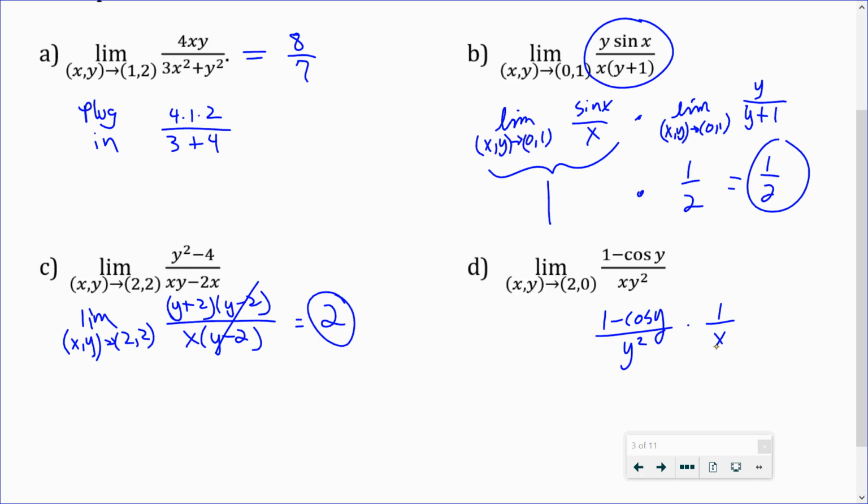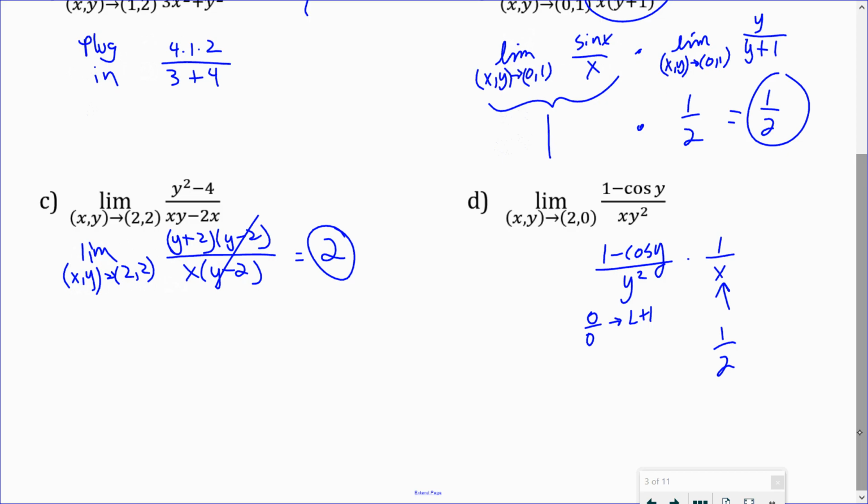So you can then use L'Hopital's. Once you separate them, you can use L'Hopital's on this now. This one's fine. You're going to plug in a 2, you're going to get 1/2. But you can go forward and do L'Hopital's on this one because you're still getting 0 over 0. So tell someone, hey, I'm doing L'Hopital's rule.